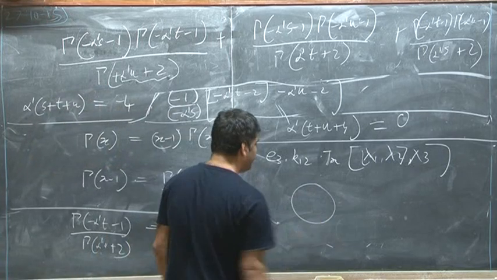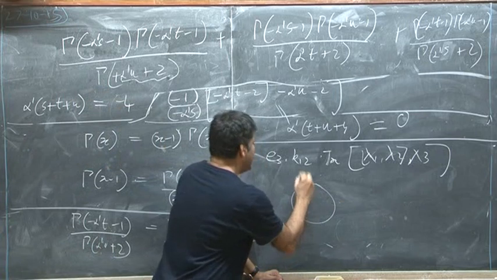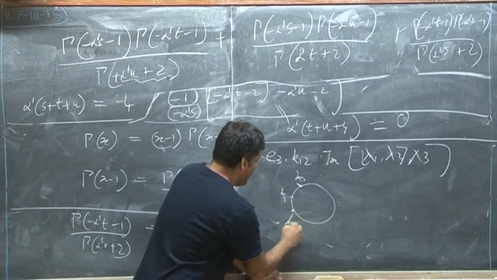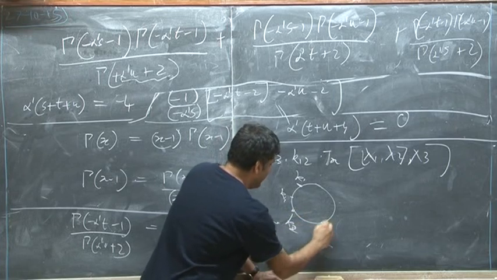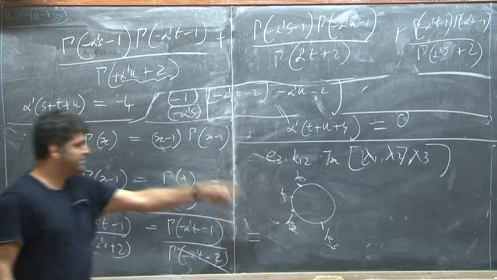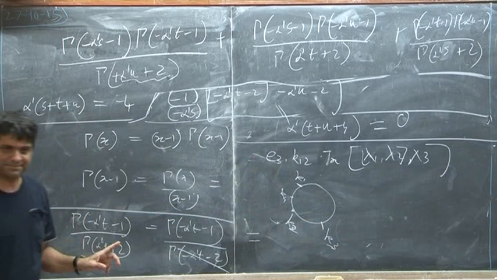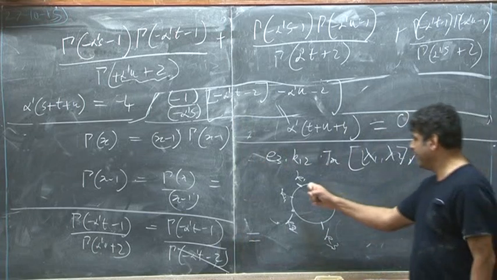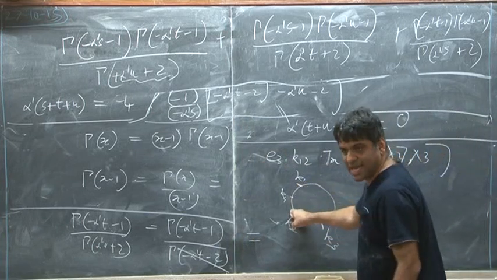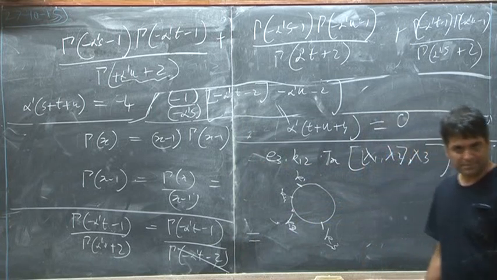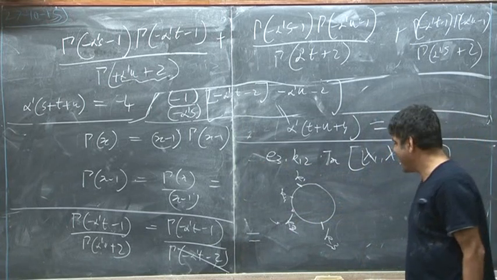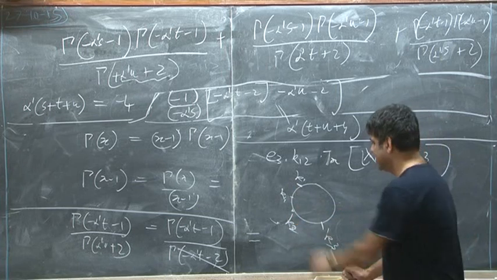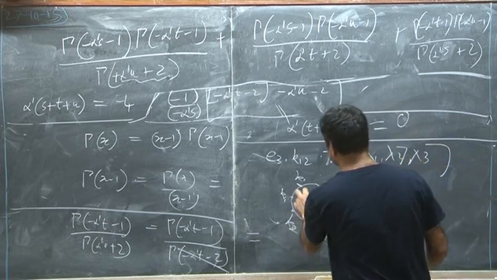Okay, let's briefly recall how we did it. We had K1, K4, K3, K2. Let's look at this particular order of insertions. With this ordering, we set this one to 0, this one to 1, and this one to infinity. Anything involving a coordinate difference with infinity cancels out, so we just got this times this.